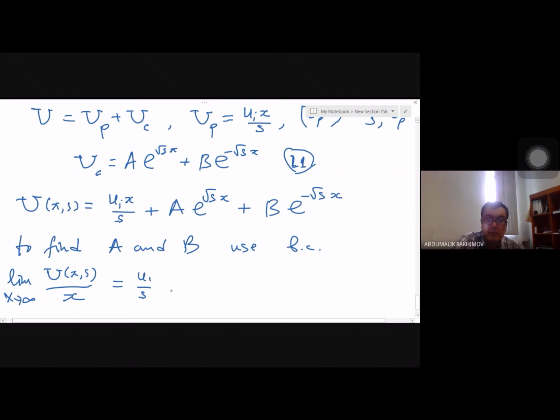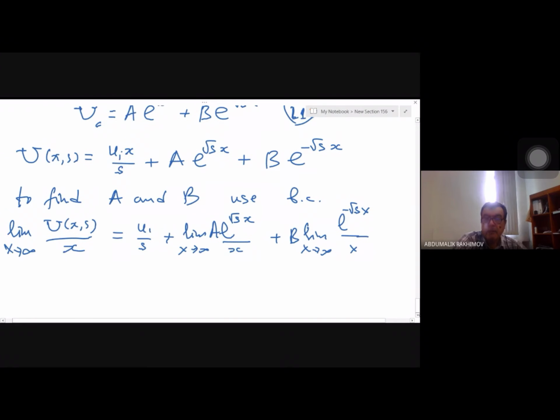The limit is constant, plus the limit when x goes to infinity of A times exponential of root s x over x, plus B times the limit when x goes to infinity of exponential of minus root s x over x. So you see, surely this limit is equal to 0.